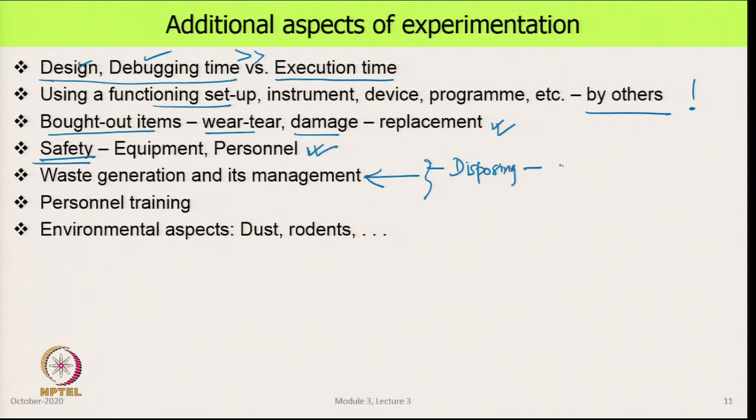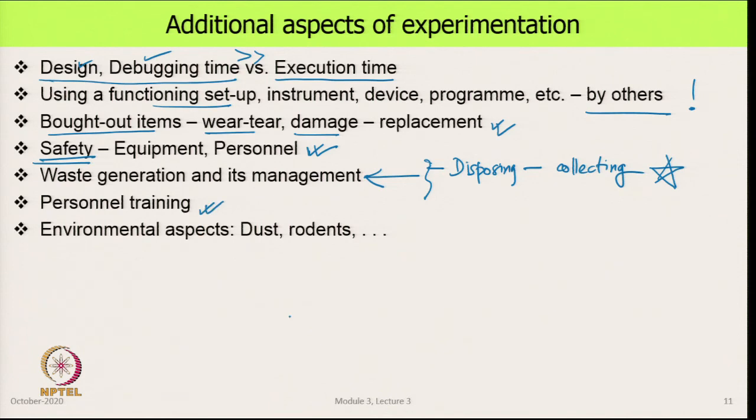But before disposing, we must have a proper way of collecting it. Some waste may have harmful chemicals in them. We should be able to find out what is the way to dispose them and safely do that. So, this is important in today's age and time.